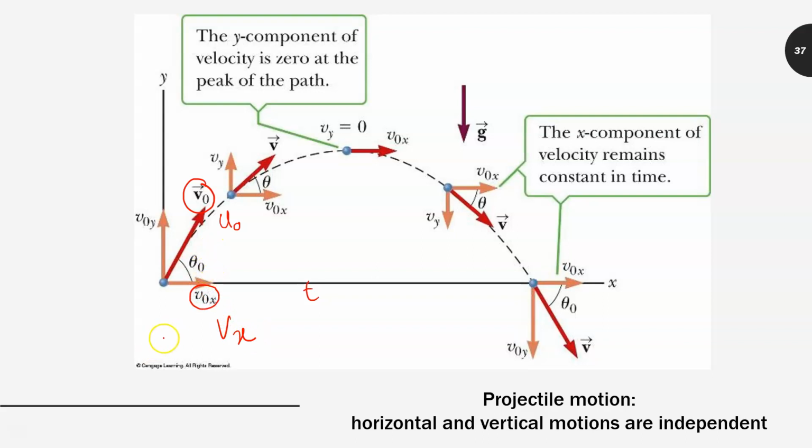Also, vy is equal to 0 at the peak of this trajectory over here. But the acceleration is always equal to the free fall acceleration and acts vertically downward. So a is equal to negative g, similar to the one that you learned in free fall.